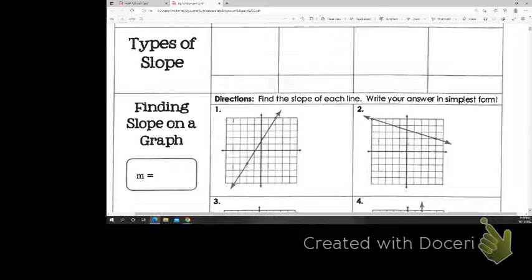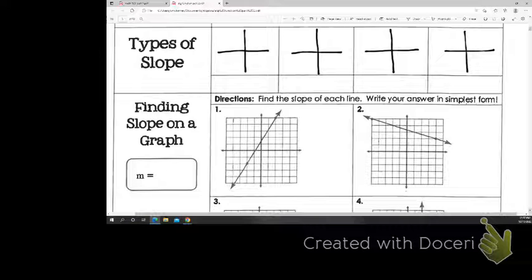There are 4 basic types of slope. Each one of these we're going to draw a little. This is first just going to be our little mini coordinate planes. We have positive slope.